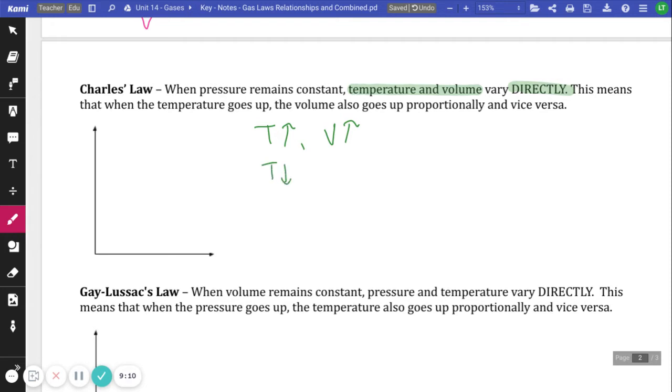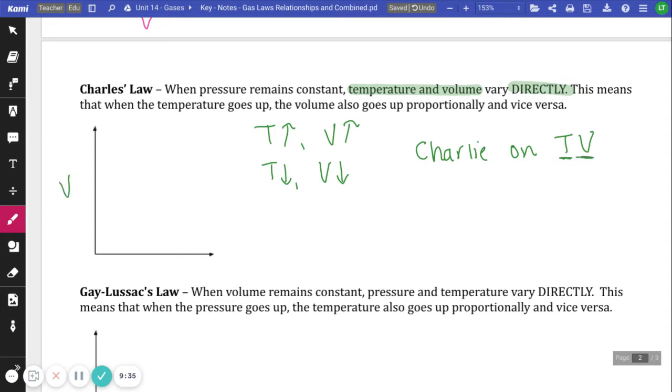If my temperature goes down, then my volume is going to go down, and it'll be proportional. I remember this one by Charlie on TV. Hopefully you know Charlie Brown, which is a TV show. So Charlie on TV: Charles' law relates temperature and volume.